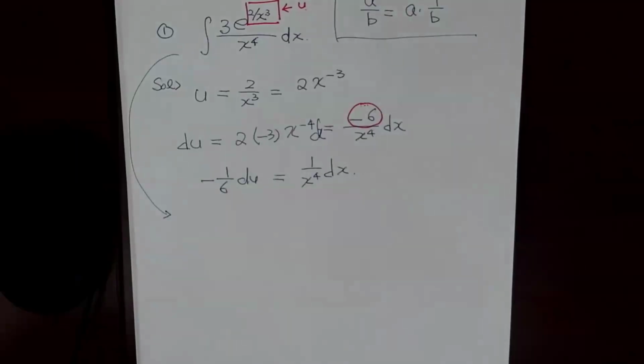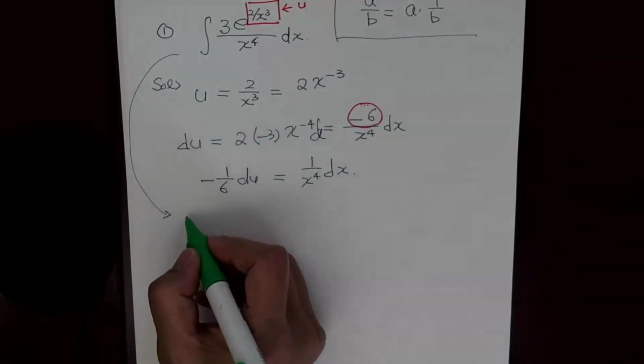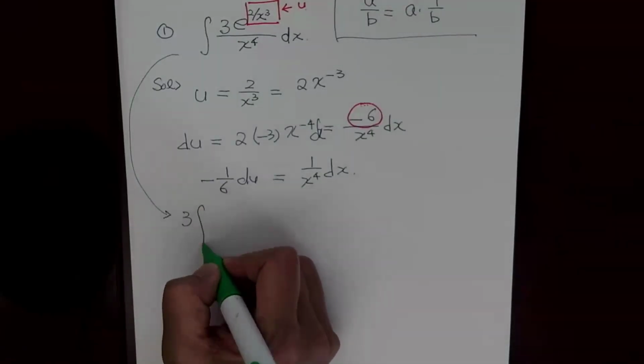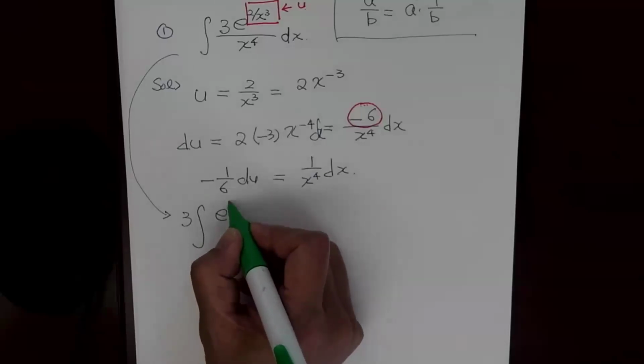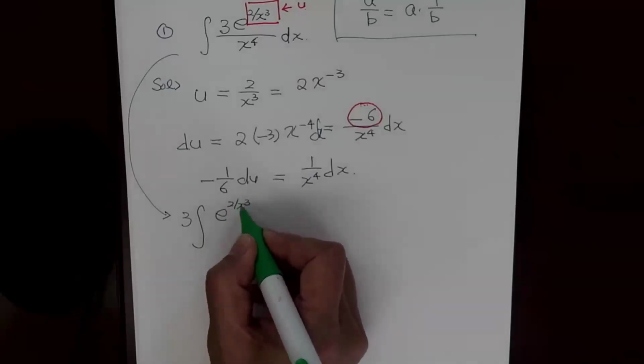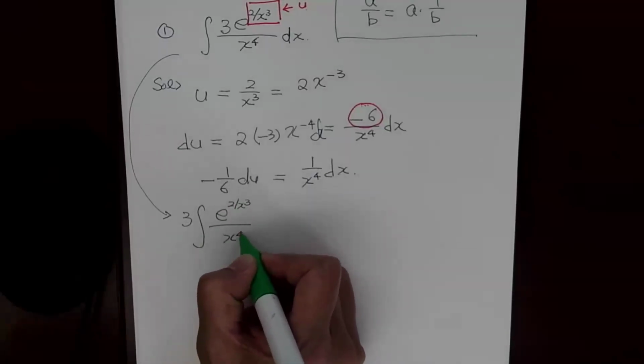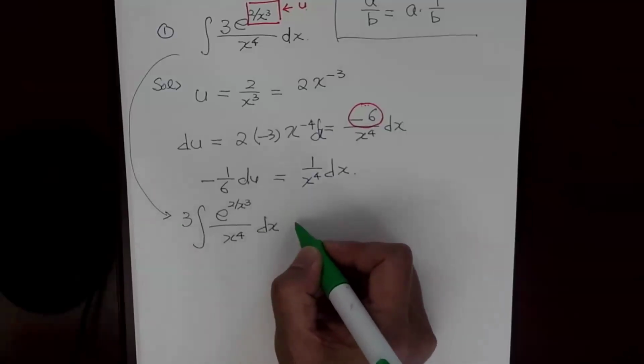So this integration can be written as 3 times integration e to the 2 over x cubed over x to the 4th power dx.